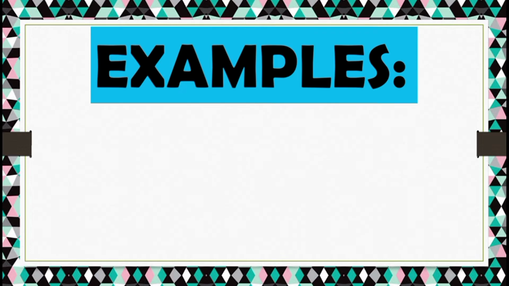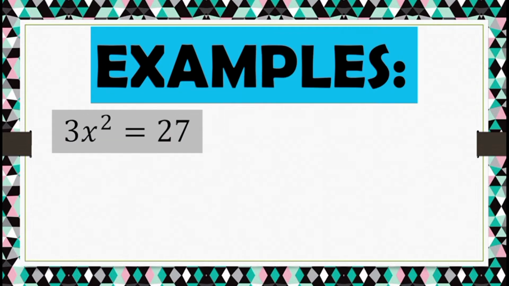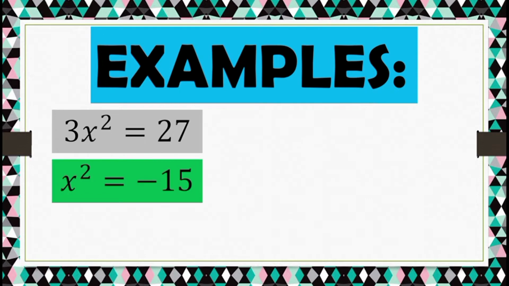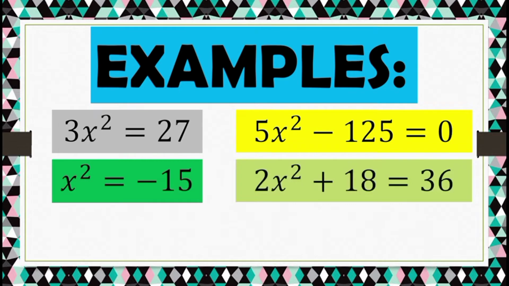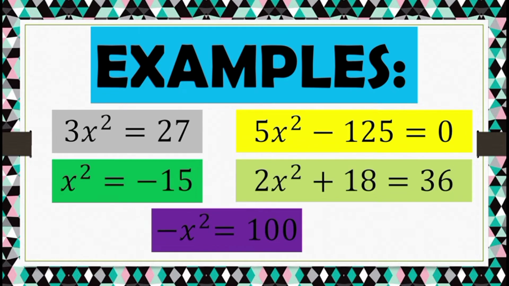Among the examples of the x squared equals k form of quadratic equations are 3x squared equals 27, x squared equals negative 15, 5x squared minus 125 equals 0, 2x squared plus 18 equals 36, negative x squared equals 100.